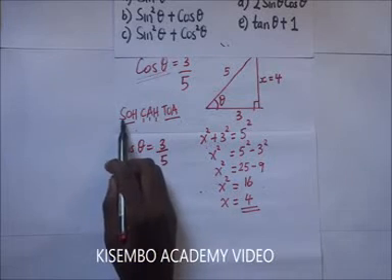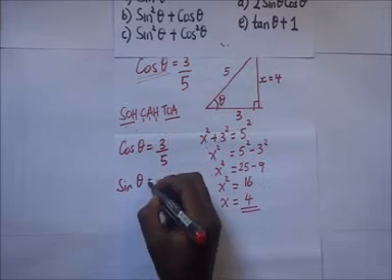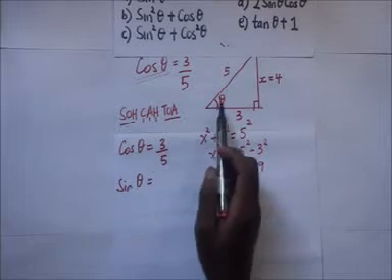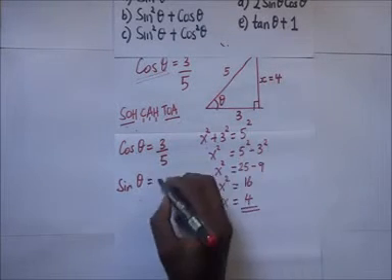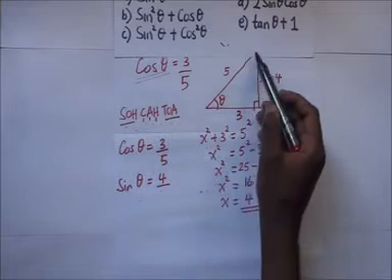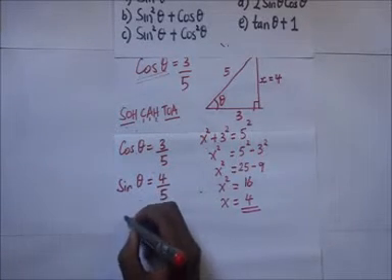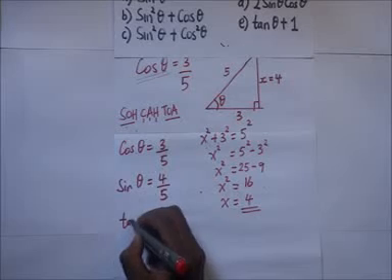So what about sine? We know that the sine of that very angle theta is going to be equal to opposite. So opposite, that is 4, over hypotenuse. Hypotenuse is 5. Then we go to the tangent, or the tan.